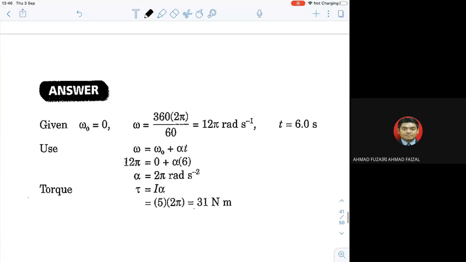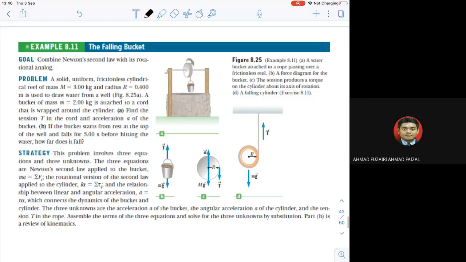Alpha is equivalent to 2 pi radian per second squared, and you put it here. The final answer, the torque, will be equivalent to 31 Newton meters. Look at the unit. The unit is very important. When you get this wrong, it might cause the whole thing to go wrong.